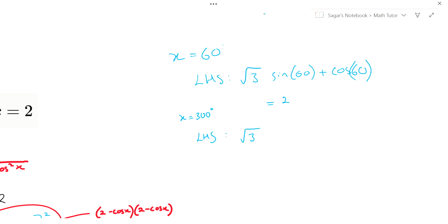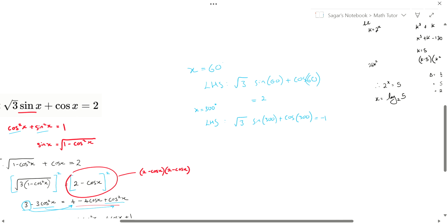So root 3 sine 300 plus cos 300. You put that into your calculator and you will get, let's see, minus 1. Therefore, the solution for x equals 300 is invalid because the left hand side is not equal to 2.